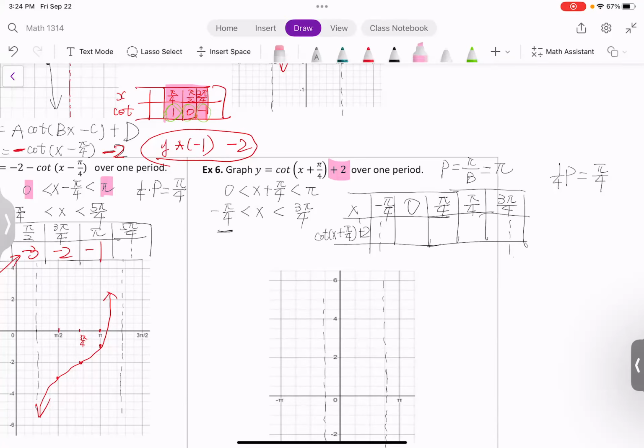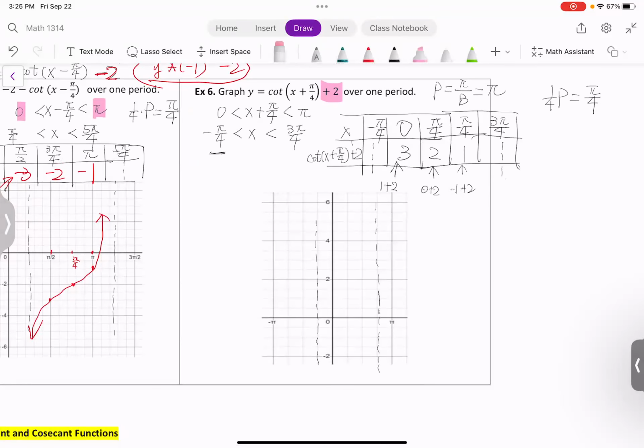So all the y's values move up 2 units based on the 1, 0, negative 1. I need to plus 2. So 1 plus 2, I have 3. And then we have 0 plus 2, 2. Oh, sorry, negative 1 plus 2, positive 1.